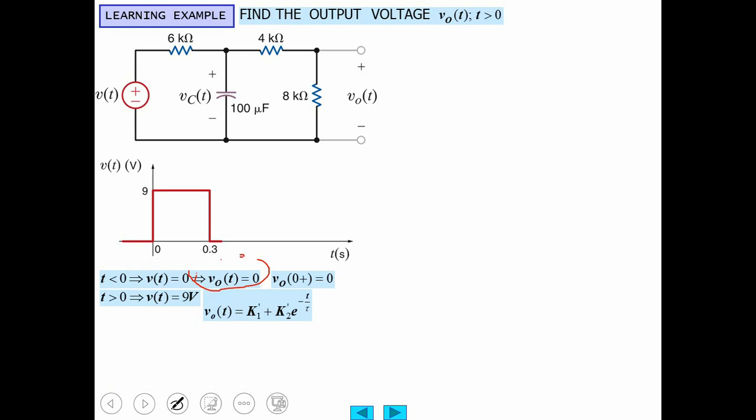At 0 time, this exponential here is going to equal 1. So at time equals 0, K1 prime plus K2 prime have to equal 0.